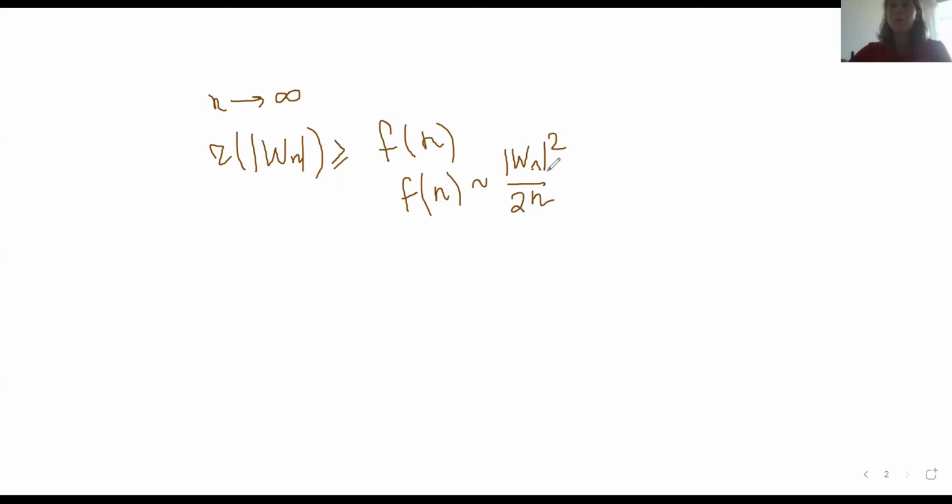That's what we get exactly from Turan's theorem, and I'll show now that if Wn is asymptotically less than n squared, then that's the best result we can have. How to do this? For a Johnson graph G of n, 3, 1.